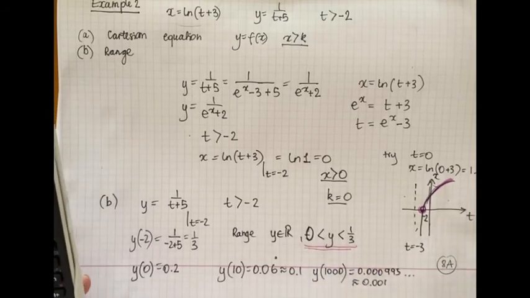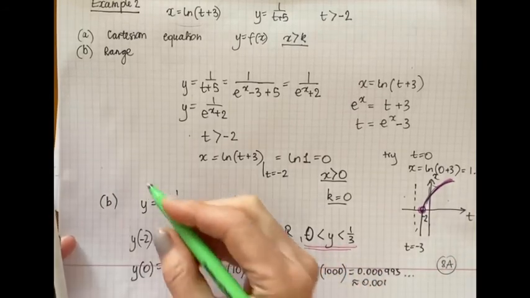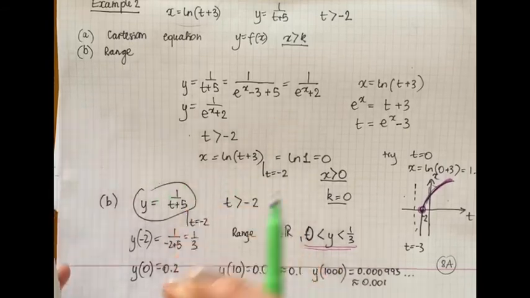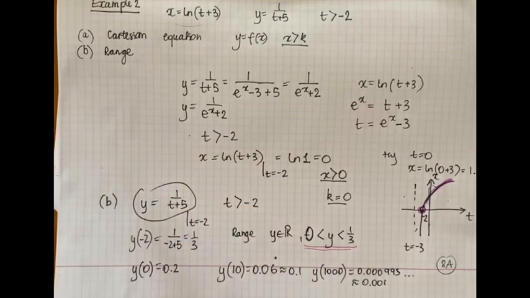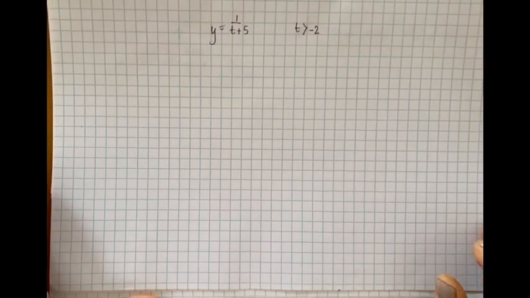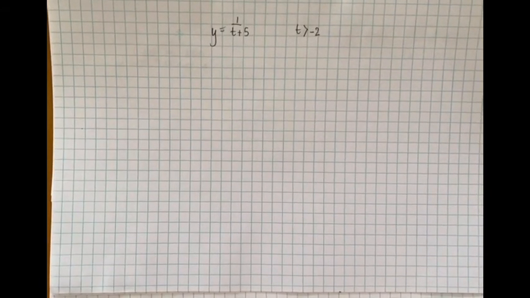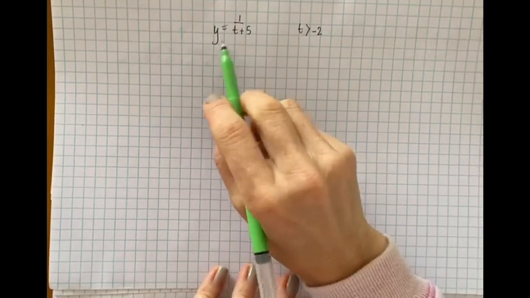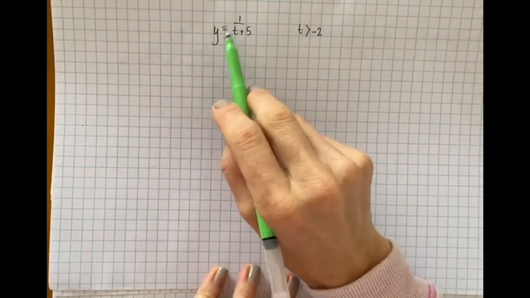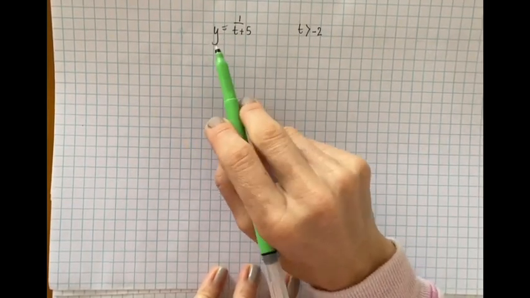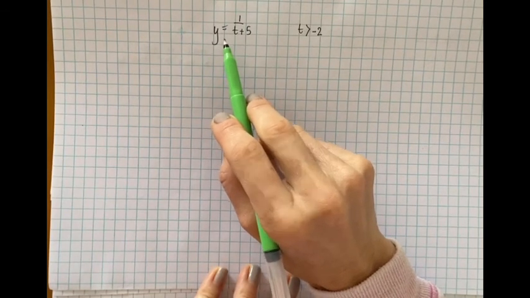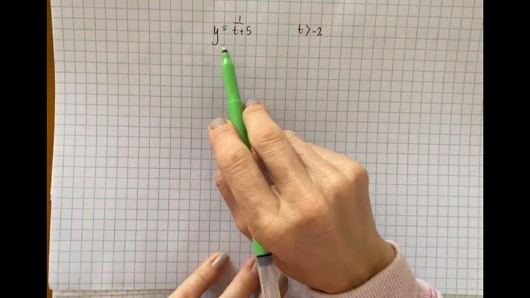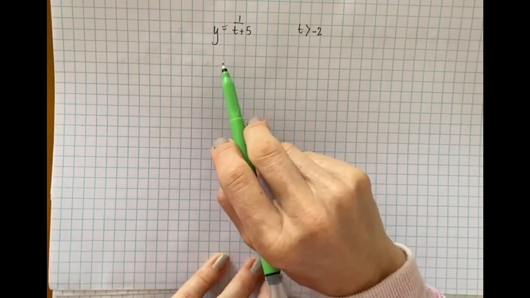Okay, I'm going to actually sketch your reciprocal graph, y equals 1 over t plus 5, because I do believe it helps you if you are confident you can sketch those tricky functions, like reciprocal functions, ln functions, quadratic functions, when the questions ask you to identify domain and ranges.